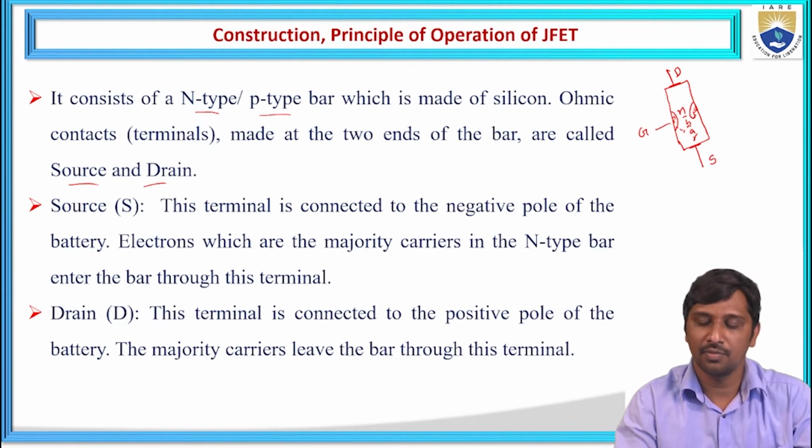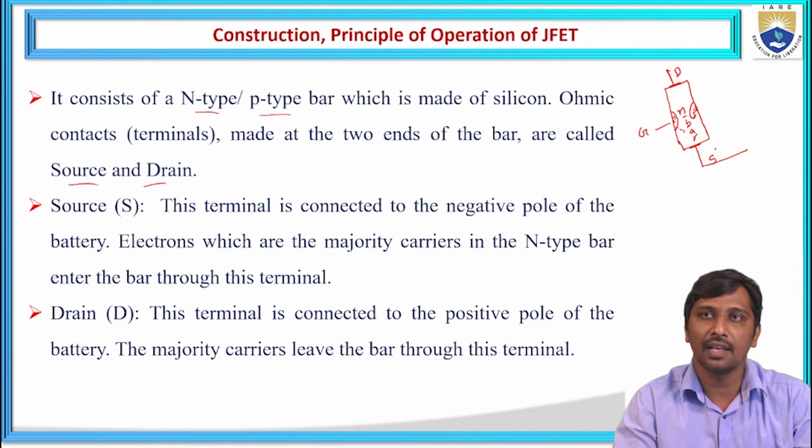If you consider this N channel JFET, the source is made with N type, hence the majority charge carriers are electrons. If you want to move the charge carriers from one place to another, we need to apply some force, to repel these majority charge carrier electrons.